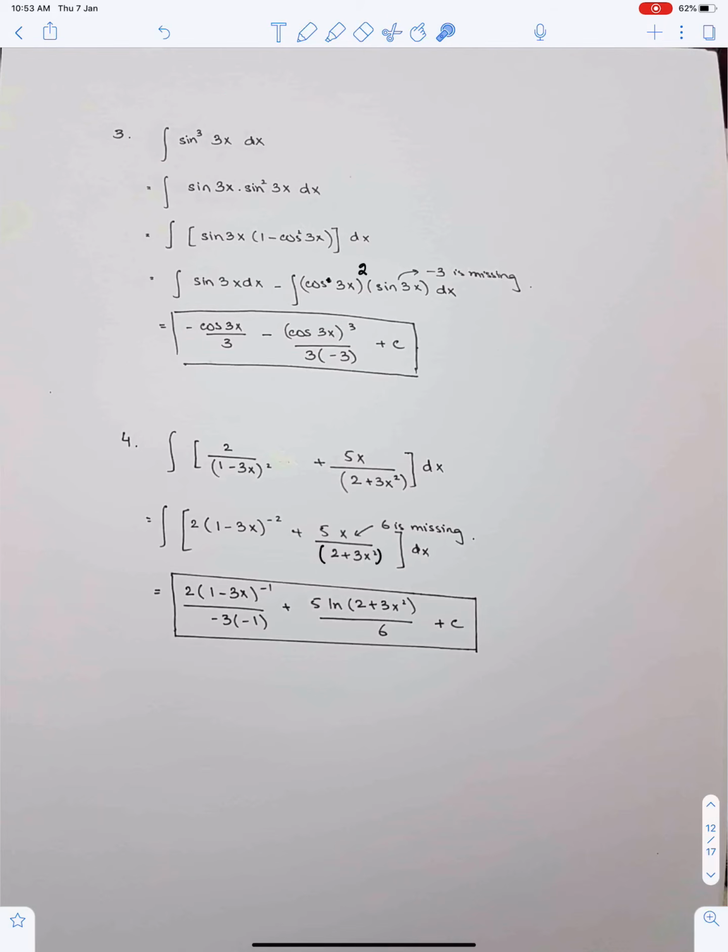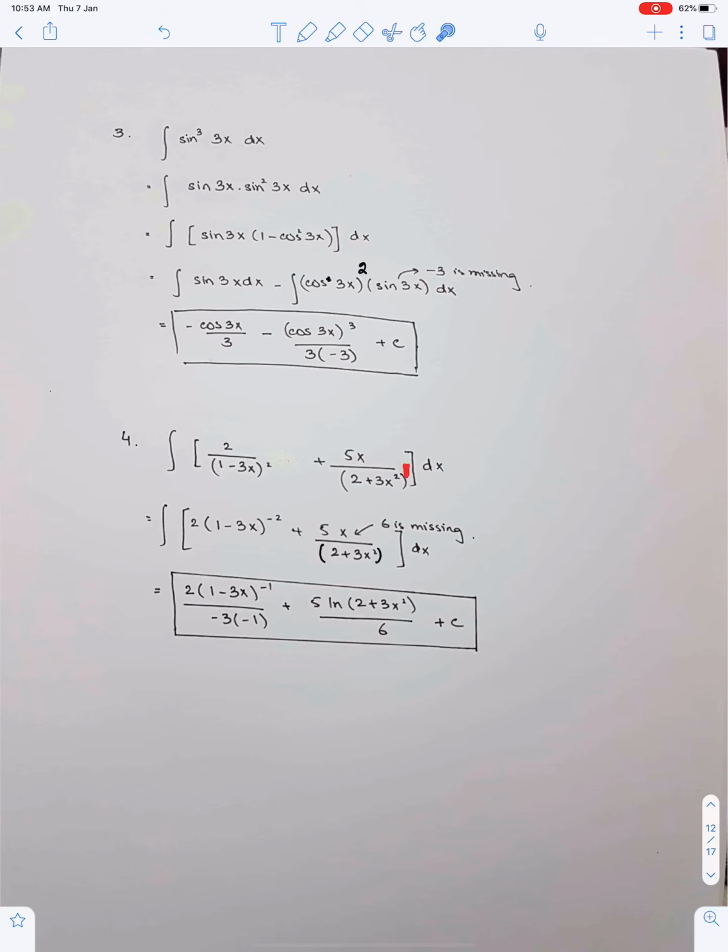Well, this is the application of basic formula 1, whereas this is the application of basic formula 2, because the power of the function is 1. So we need to bring this expression, this function in the numerator like this, and here we just need to use the basic formula 2. So the integration of (1 minus 3x) power minus 2 will become (1 minus 3x) power minus 1 over minus 1, minus 3.